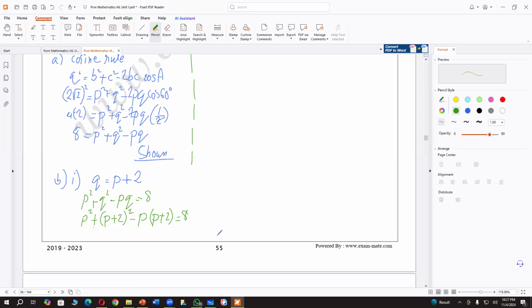So should we open the formula like P square plus P square plus 4P plus 4 minus P square minus 2P minus 8 is equal to 0. I'm getting this equation.